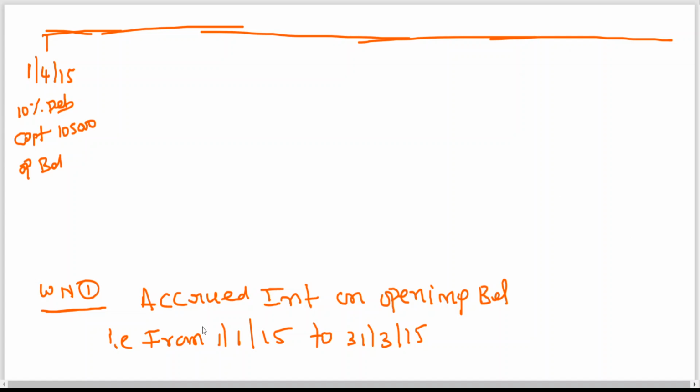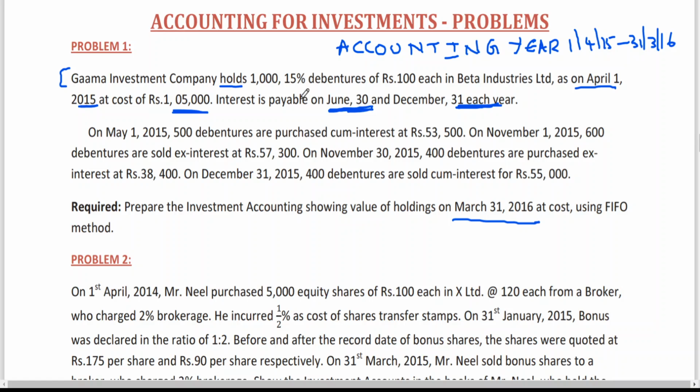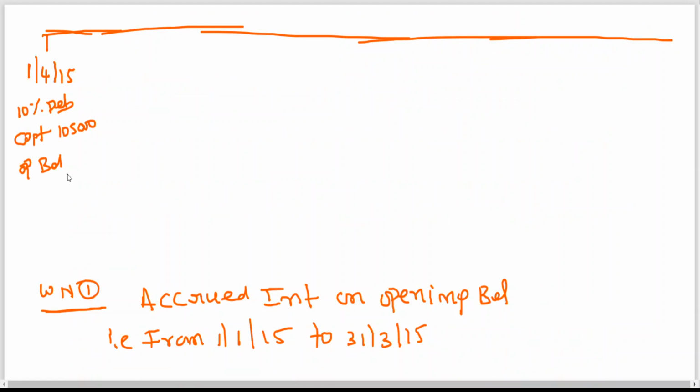The rate of interest, 10% or 15%? 15% debentures. Sorry, 15% debentures, not 10% debentures. 1000 debentures, cost is 1,05,000.